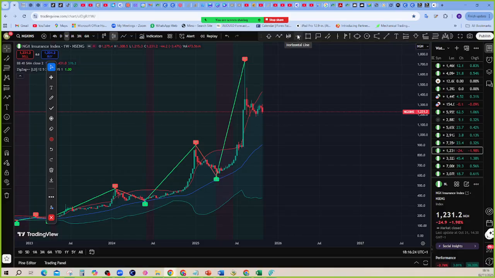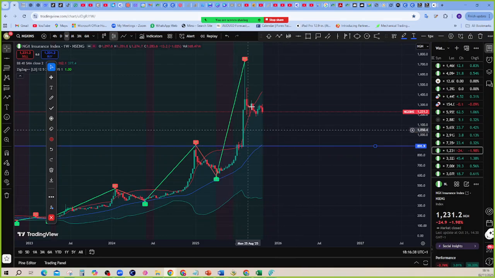If price is not pulling back, then it's not giving room for fresh investors to come in. That's what it's telling us. And if I'm looking at this pattern now, we are waiting for it around here. That's where we are waiting for it. We cannot buy this again because we have a valid swing up here now.